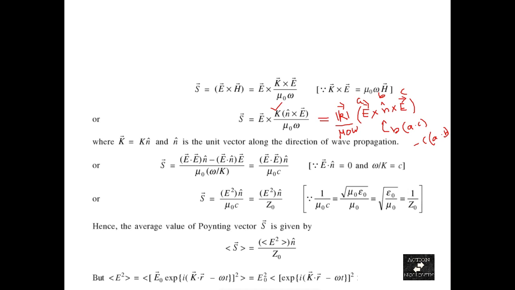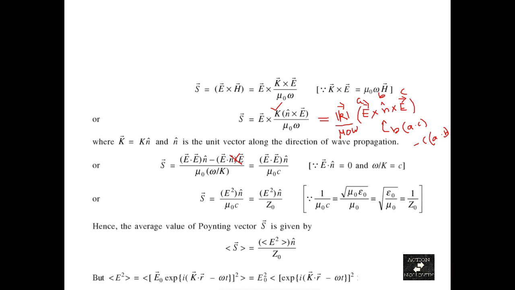And well, here the dot product of perpendicular vectors is 0, because the angle between the electric field vector and the propagation direction is 90 degrees, and cos 90 degrees is 0. So this term vanishes. So we're left with E dot E, and this should actually be E square magnitude, because it is the dot product of two vectors in the same direction, same vectors in fact.